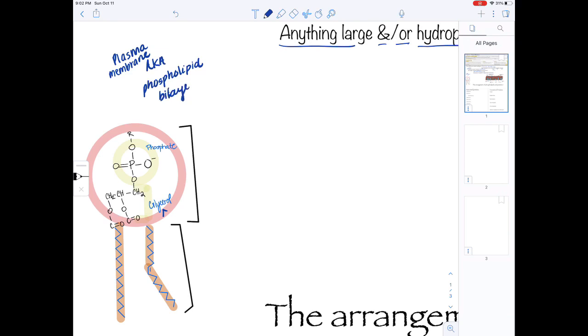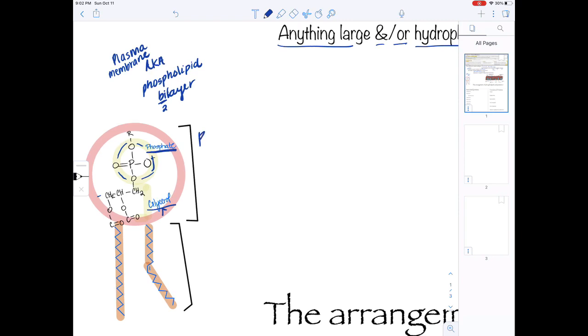We have our phosphate group attached to the glycerol, creating our phospholipid head, which is hydrophilic.